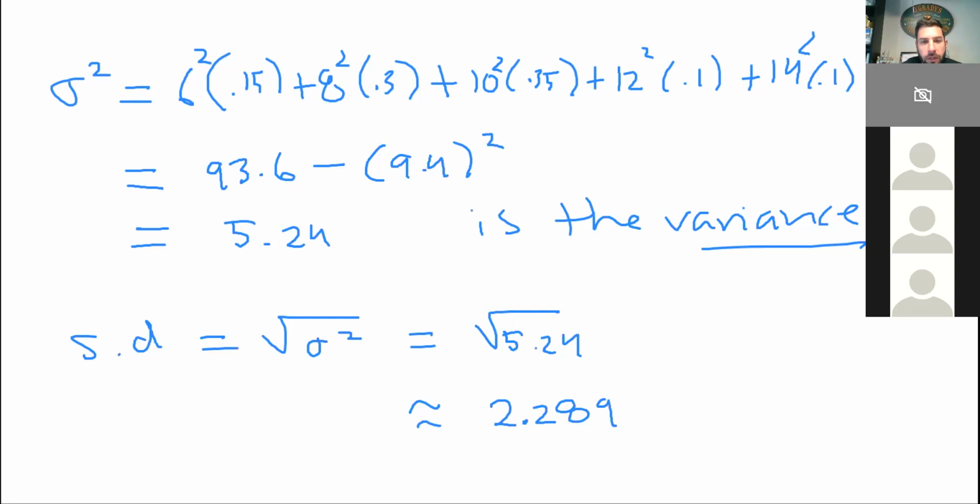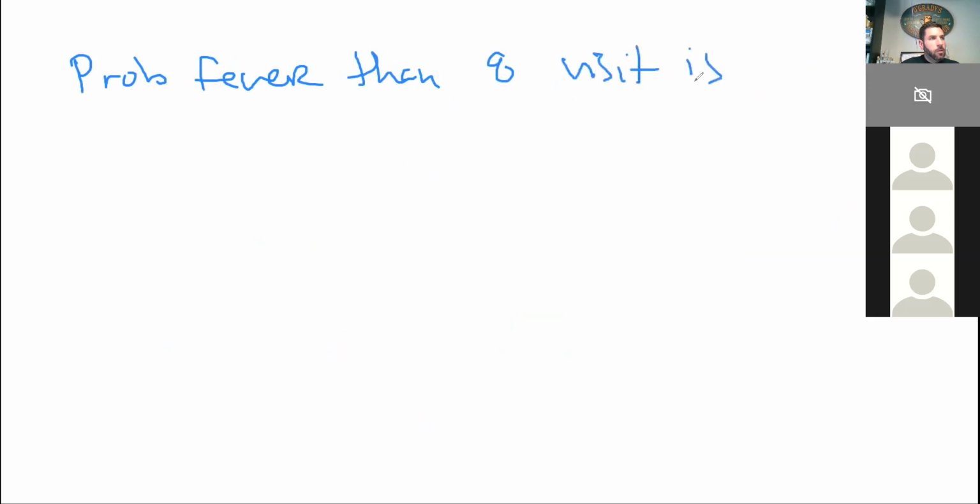The next thing we want to know is what's the probability that fewer than 8 people visit? Well, we can look at that. The probability that fewer than 8, what is this?